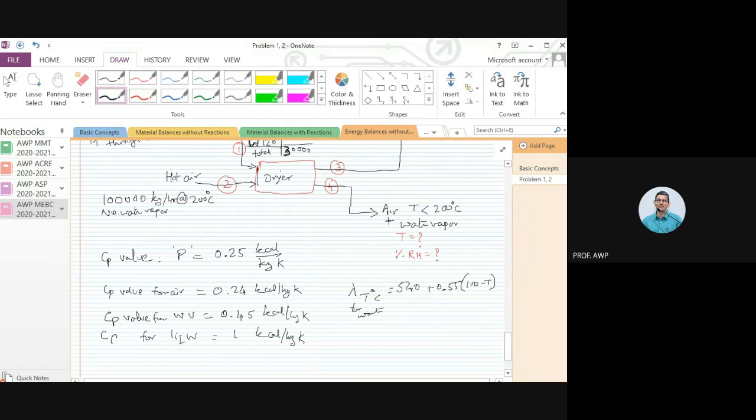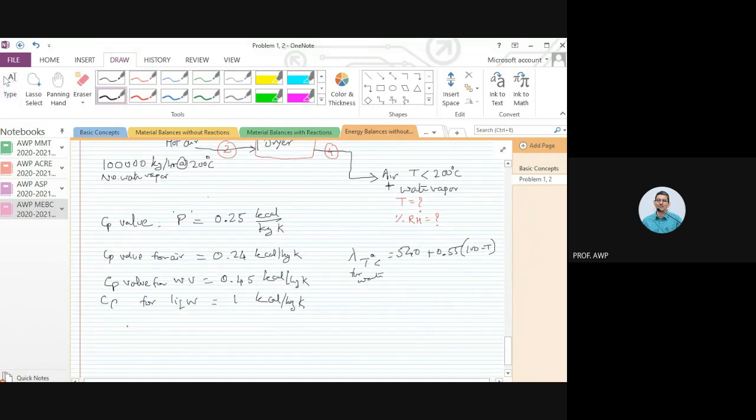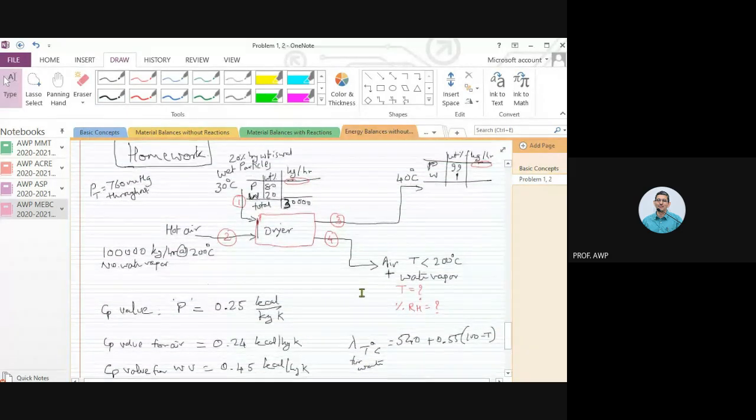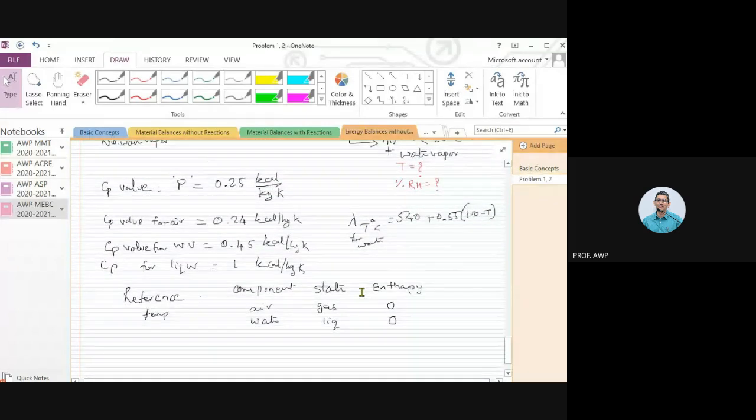My method, in the sense, we define a reference component state enthalpy. We say that at reference temperature, air in the gas state has 0 enthalpy, water in the liquid state has 0 enthalpy. I can take any state, any reference temperature I want.